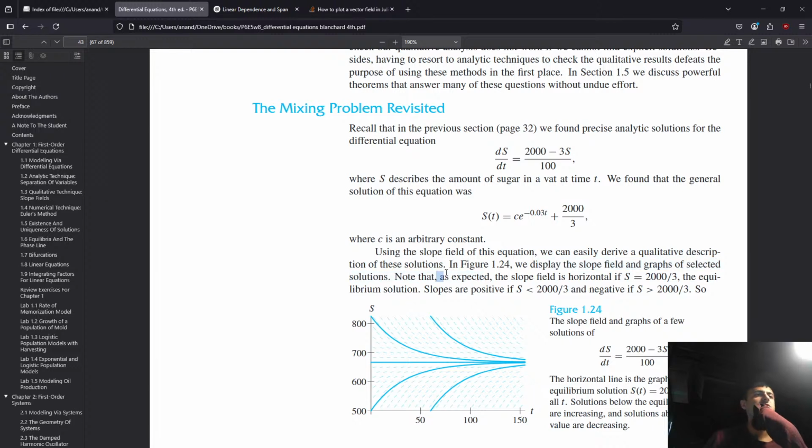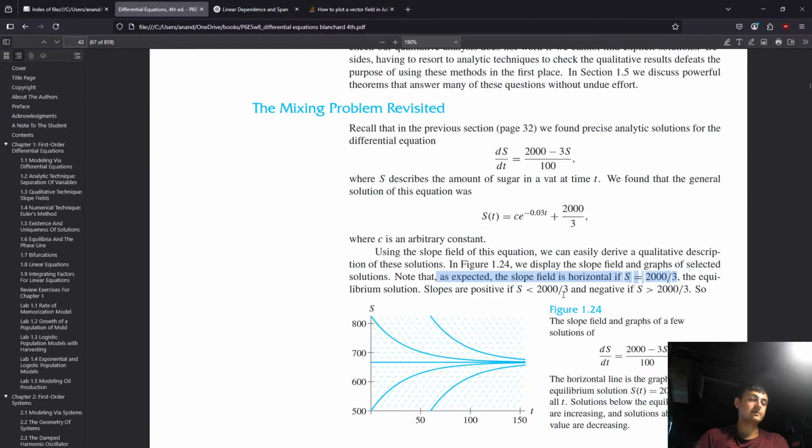Note that as expected, the slope field is horizontal if... right, let's find the zero of that thing. So if we have 0 is equal to 2,000 minus 3s over 100, then we're going to get 2,000 over 3.